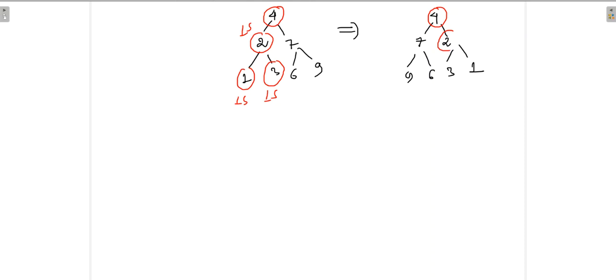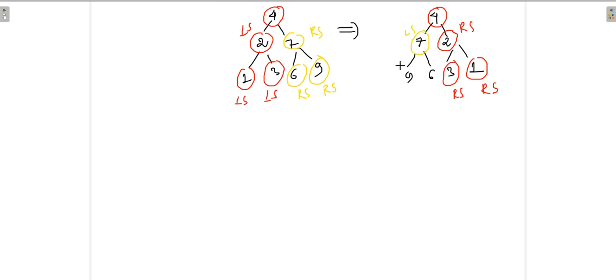After inversion, all the contents 2, 3, 1 are shifting to the right subtree of 4. Am I right? Similarly, all the contents of the right subtree of 4, 7, 6, and 9, are just going to the left subtree.